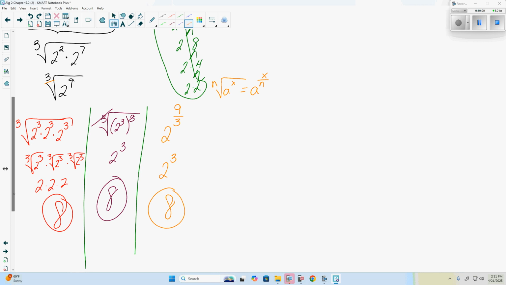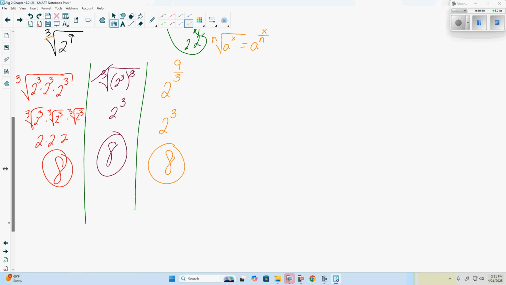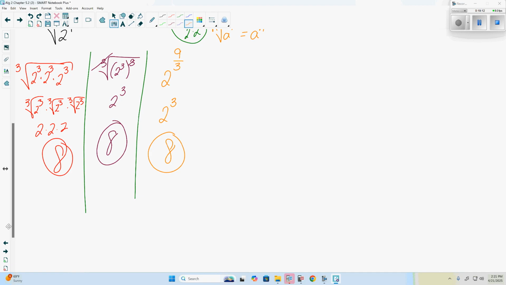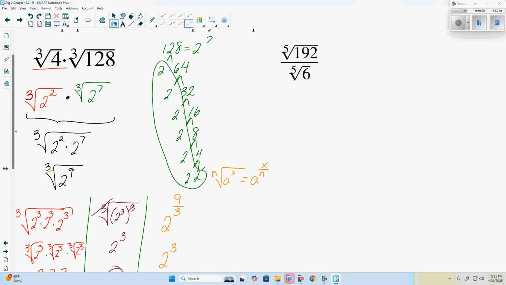Even with the rational exponent, our whole numbers, how many divide out evenly, go outside. The ones that aren't even go inside. One of these 3 at least makes sense once we get to the bottom. It's just multiple ways to use those properties of exponents and radicals.